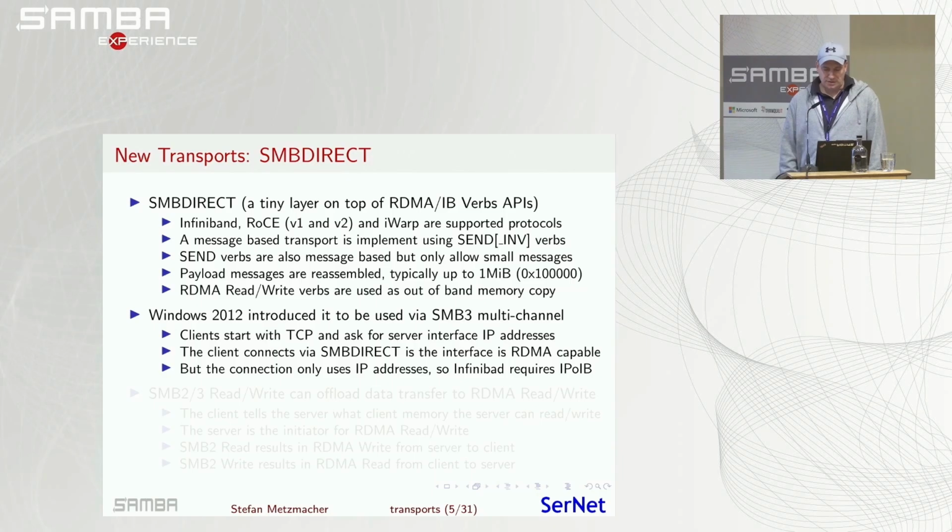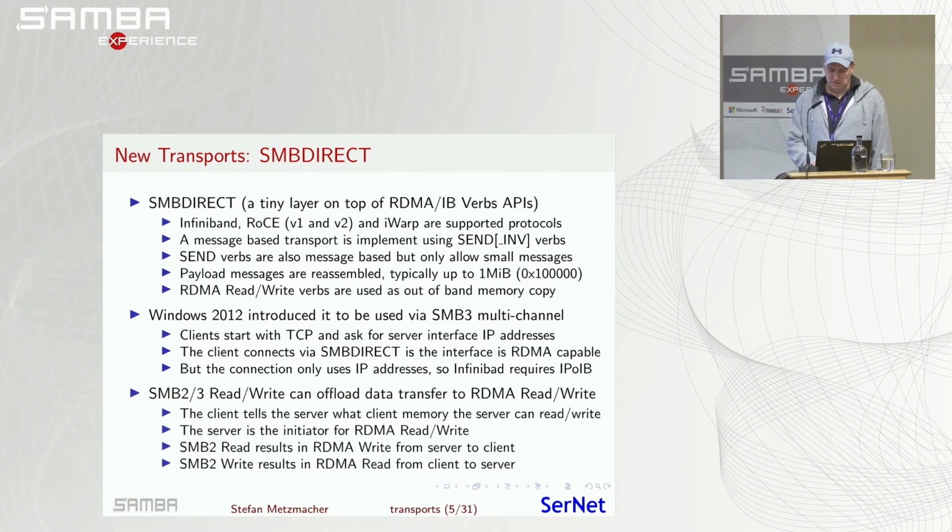This was introduced in Windows 2012 together with the multi-channel feature, where clients start with the TCP transport and ask the server for interface addresses for multi-channel, and there is a bit that says this interface can do RDMA, and the client then checks its local capabilities, and if both support RDMA, they use SMB-Direct instead of TCP.